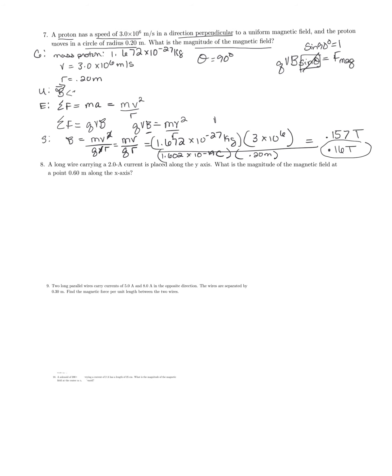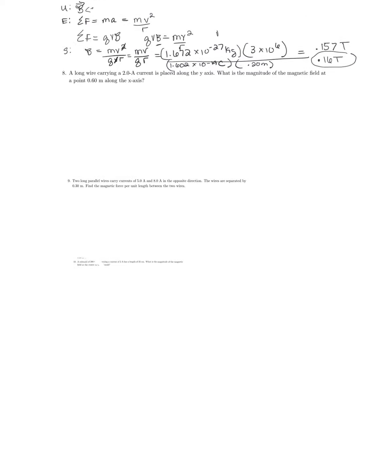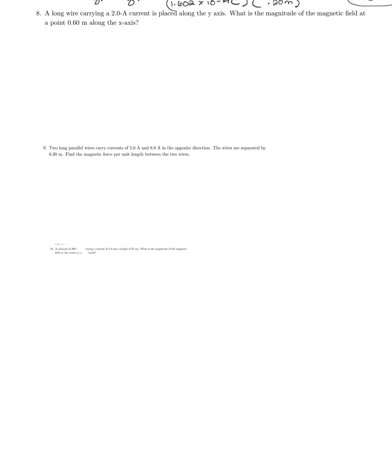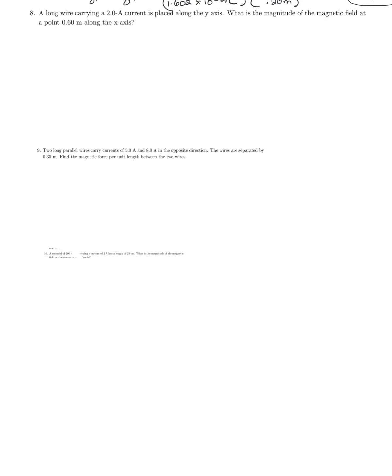All right, now for number 8. We're almost there. A long wire carrying a 2 amp current is placed along the y-axis. What is the magnitude of the magnetic field at a point 0.6 meters along the x-axis? When you have a problem like this, draw a picture.